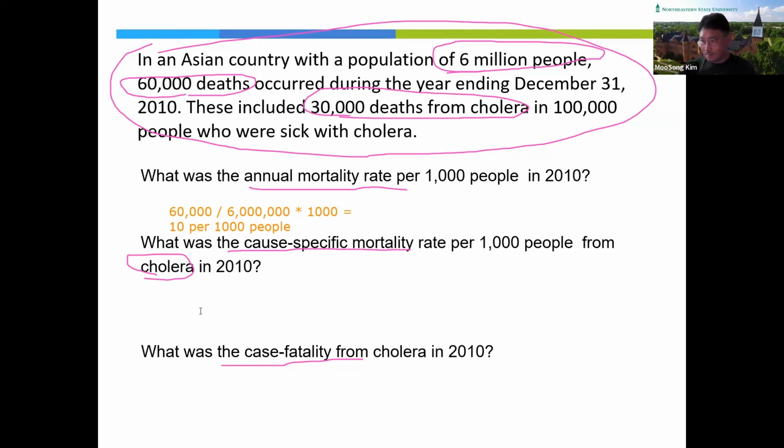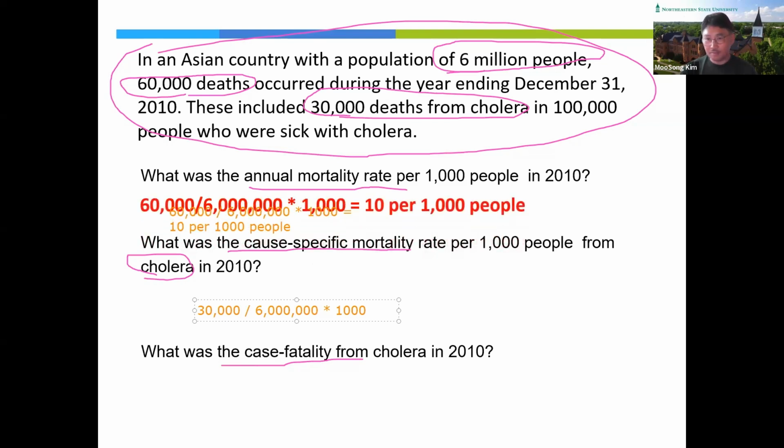And for the total population, we still use 6 million, right? And times 1,000 people. So we got 5 per 1,000 people.